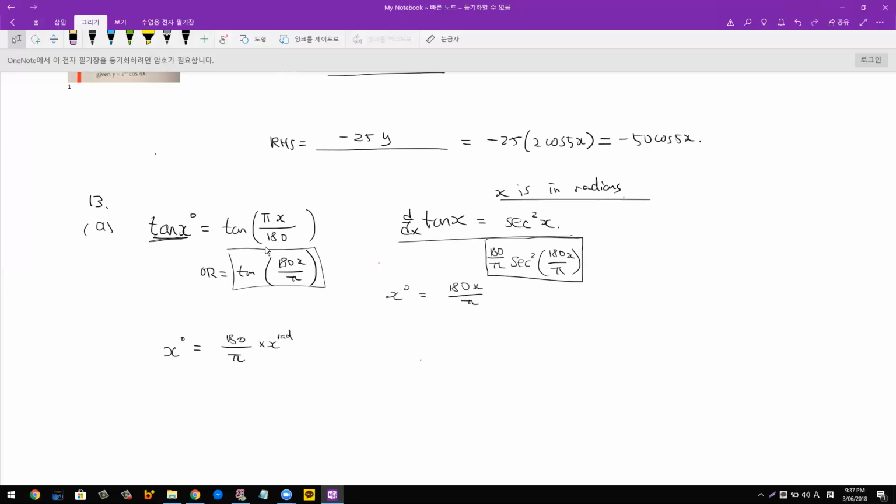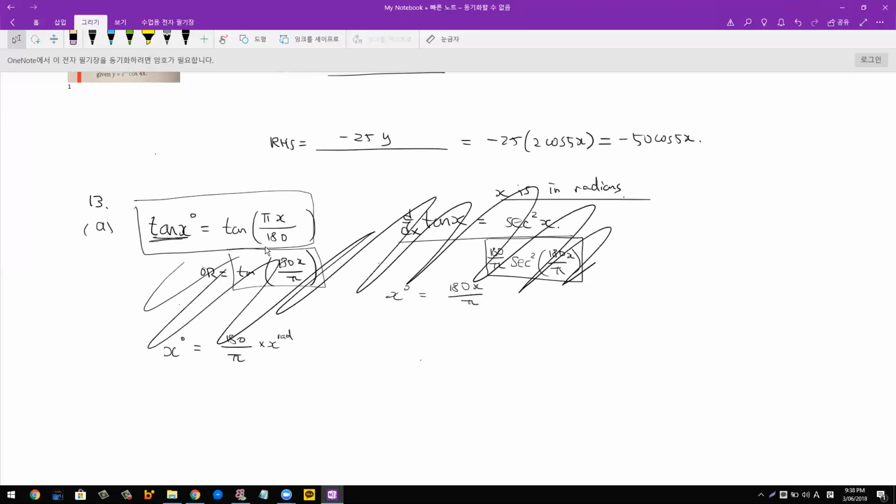Do you want me to send you a photo? So it's actually pi over 180. Then it must be the top one here. Let's redo this. Tan of x degrees is equal to tan of pi x over 180. This is in radians now.